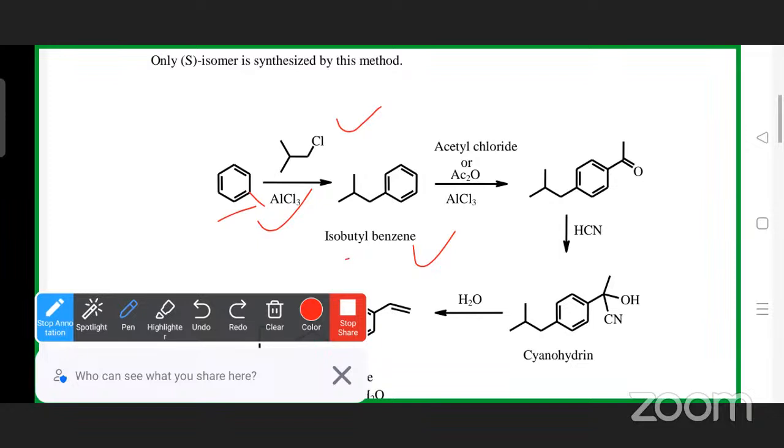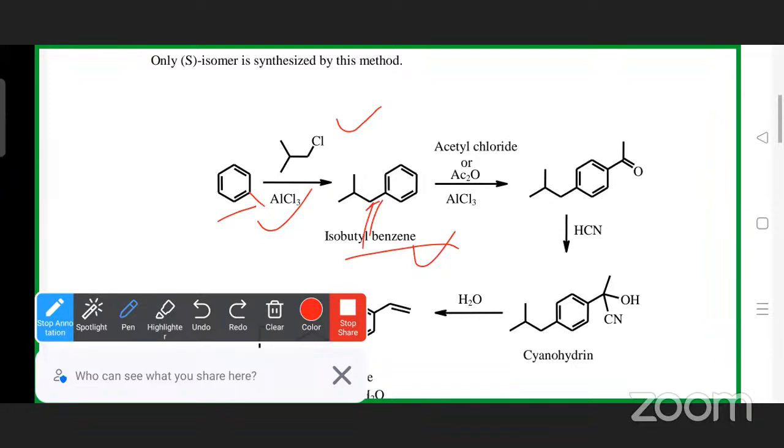Then upon doing the Friedel-Crafts acylation reaction, further with HCl, the carbonyl group is added by your cyanide group.